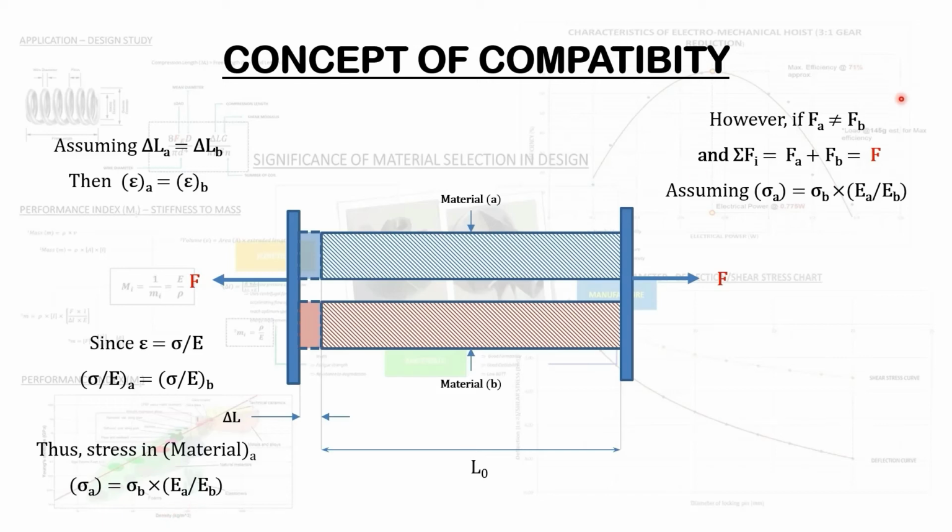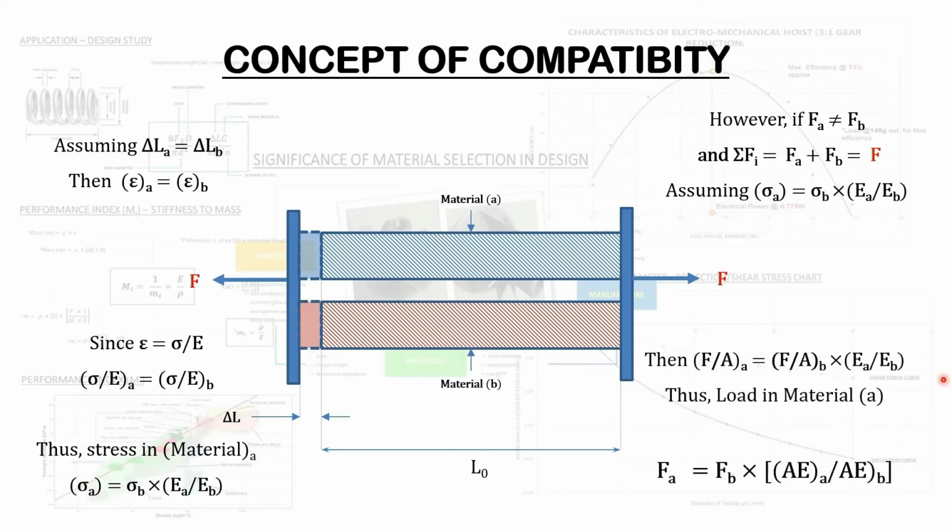However, if we assume that the internal forces experienced by each component are not equal, and that the sum of the forces within the material is equal to the external force, then if we're also assuming this relationship, we can proceed to deduce another relationship with respect to the force.